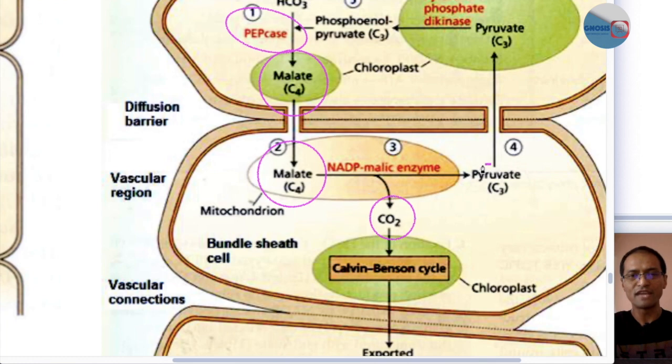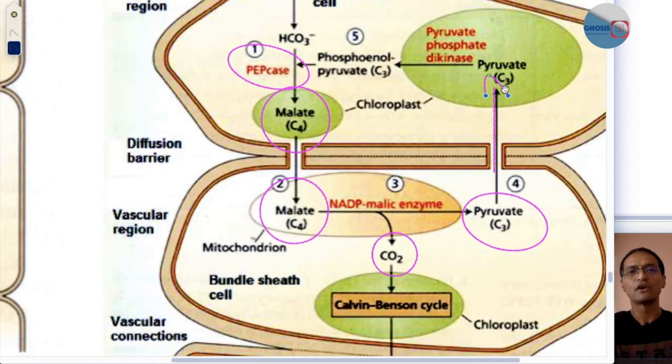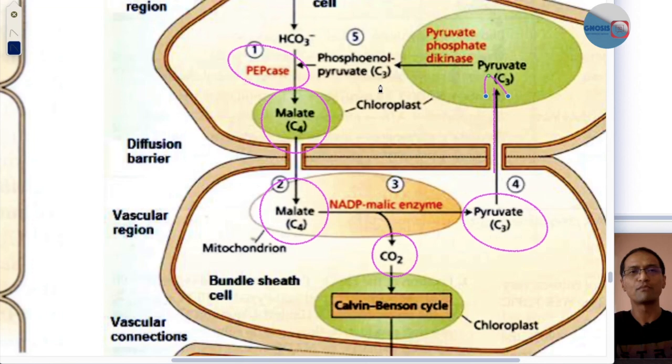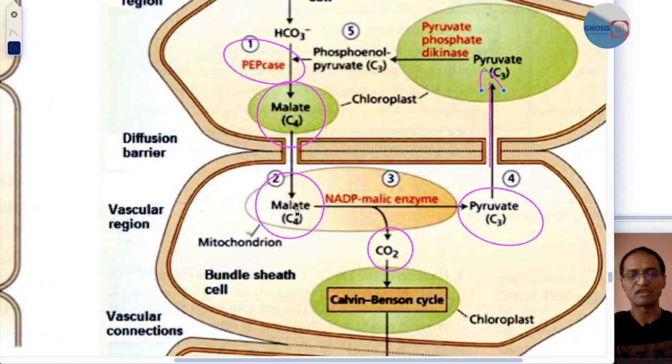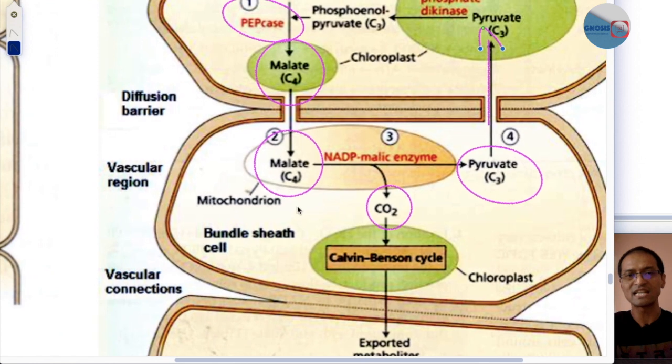And the pyruvate, which is regenerated, is shuttled back to the chloroplast, where it is converted to phosphoenol pyruvate, and this phosphoenol pyruvate can then fix atmospheric carbon dioxide to give you malate, and this malate can then be transported back to the bundle sheath cells. It becomes decarboxylated, and this carbon dioxide can then enter into the Calvin cycle.